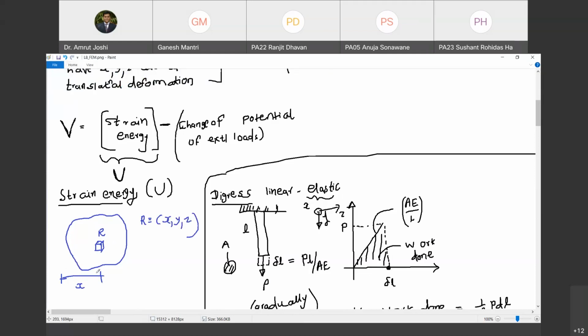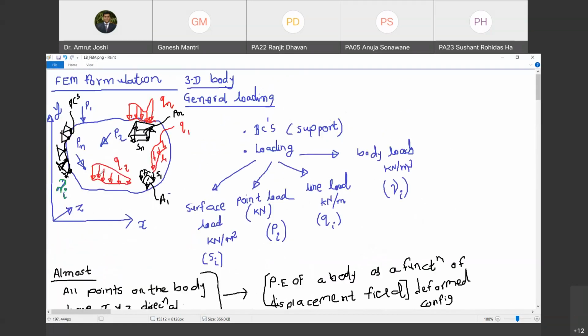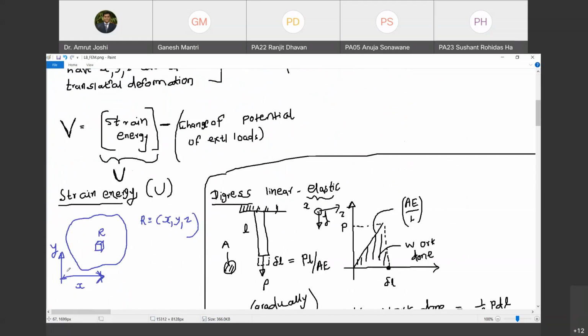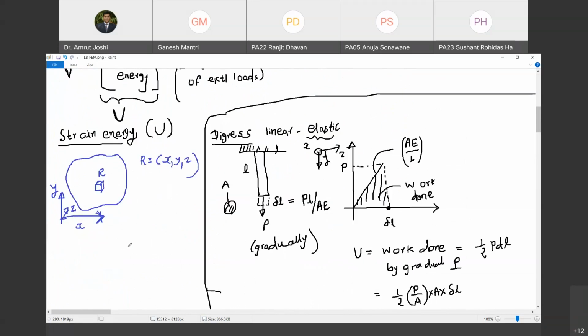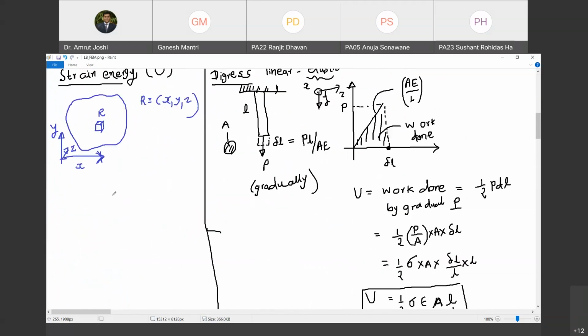So I have taken an arbitrary point on the body. This is x, this is y, and this is z. Its coordinates are x, y, z. Around this point, I have constructed an infinitesimally small cube of dimensions dx, dy, dz.